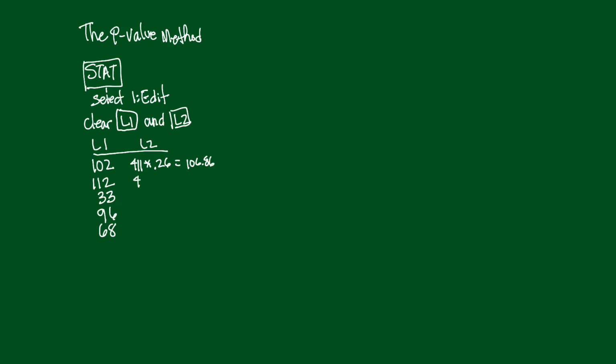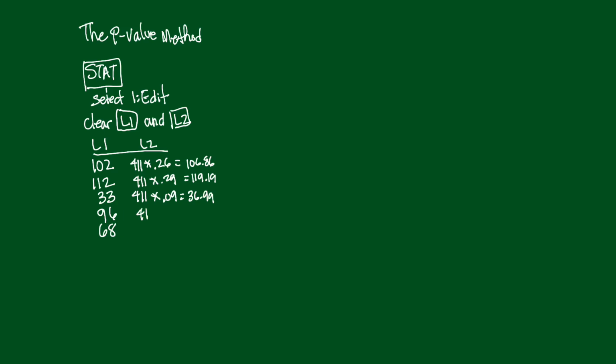Then you come down to the second entry, 411 times 0.29, and when you press enter, it comes back with 119.19. Then 411 times 0.09. Press enter, you get 36.99.